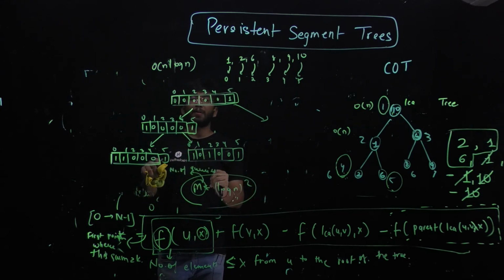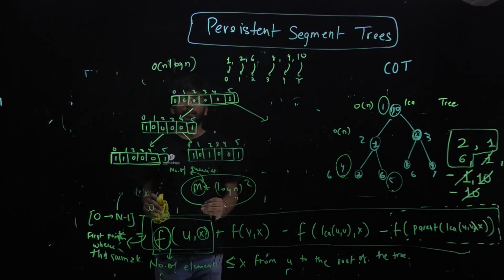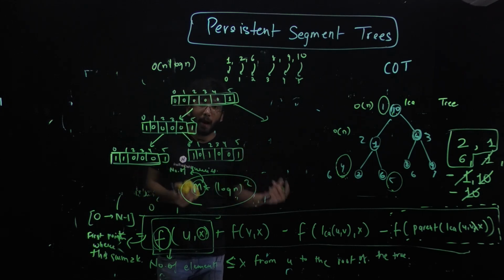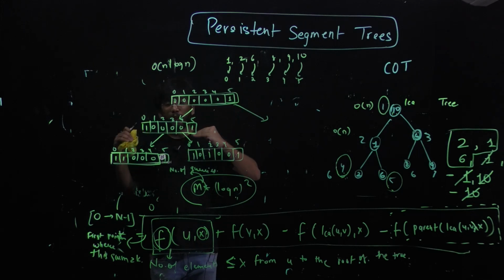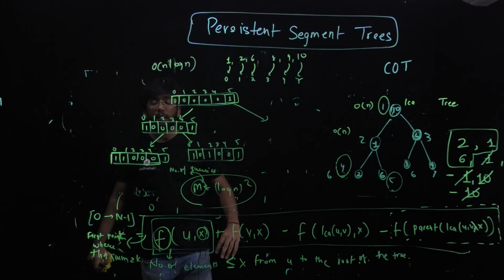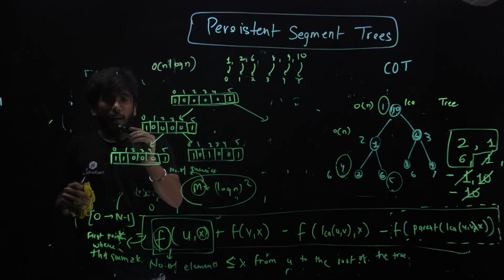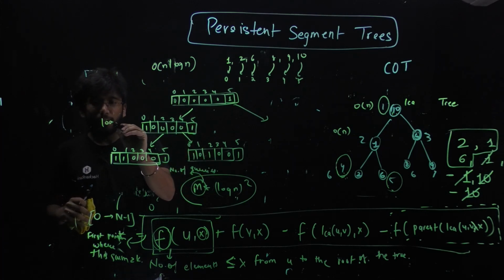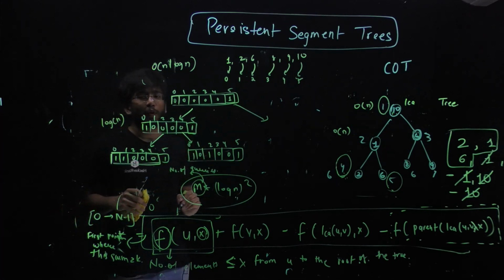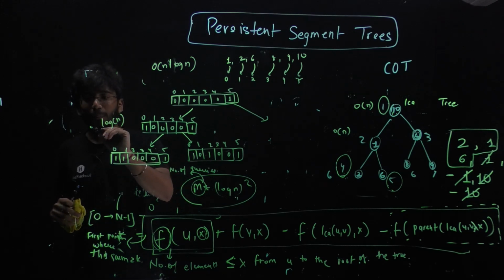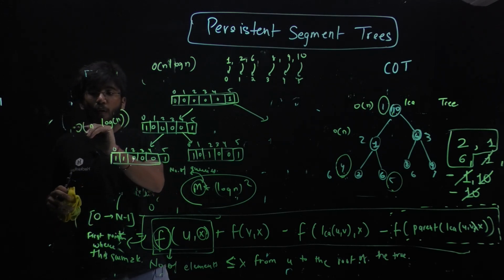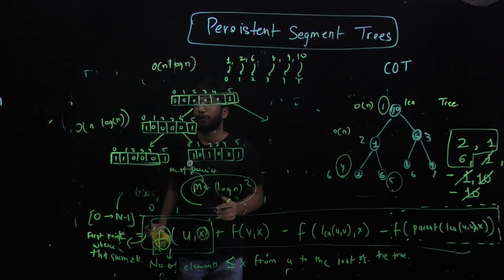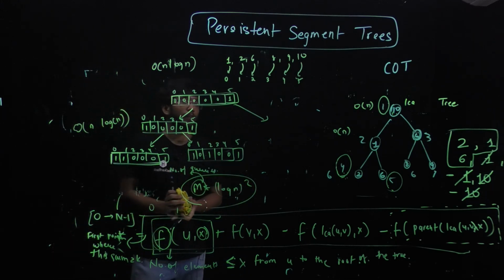So there's a log n extra space required for the child in comparison to the parent, and this would happen eventually throughout the tree. So each child would add log n nodes. So eventually the space would be order n log n, which is our required space complexity.